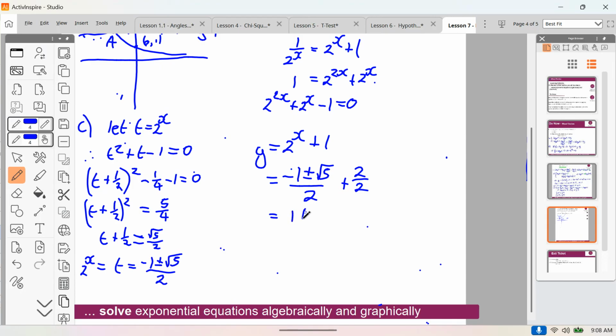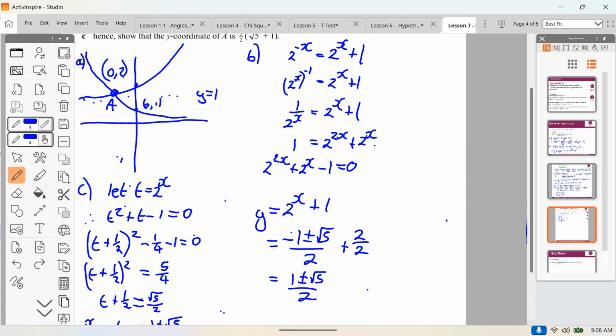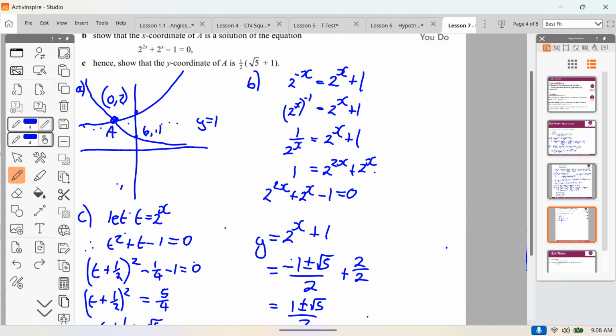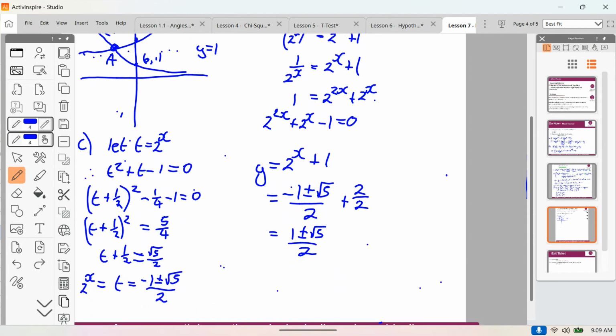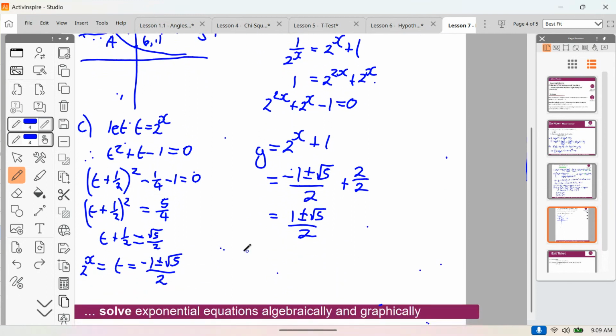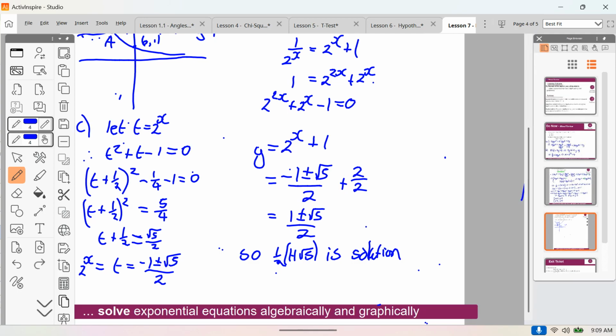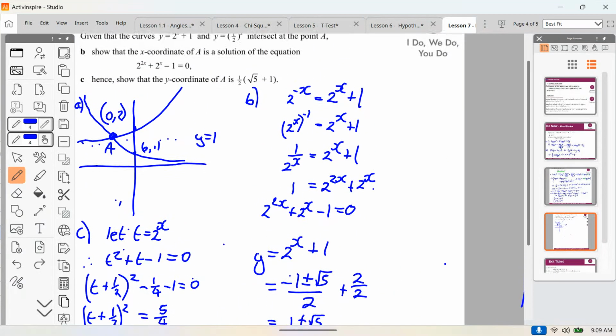So 1 plus or minus root 5 over 2. Let's go look at what we're aiming at. So a half bracket 1 plus root 5 is a solution. There we go. Any questions there on that one?